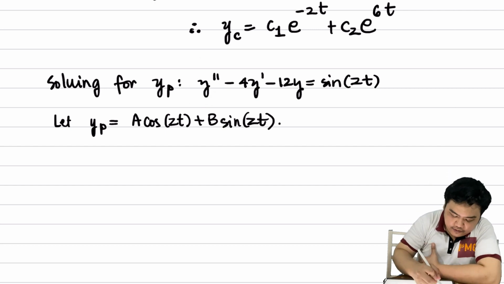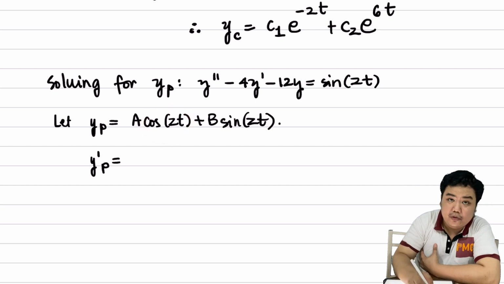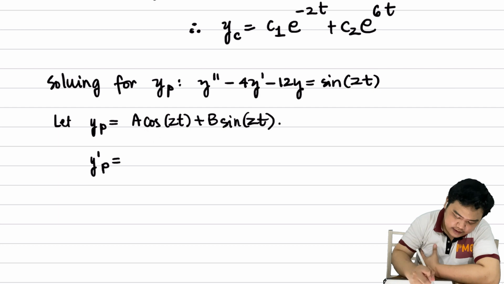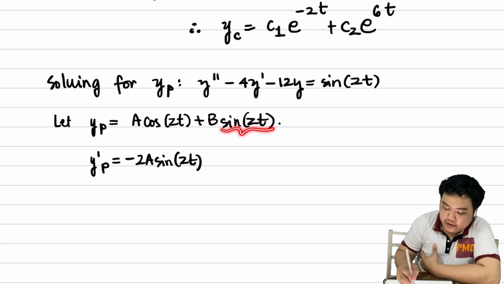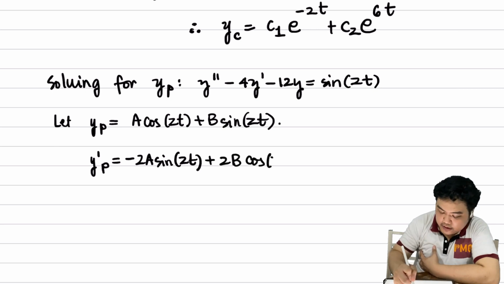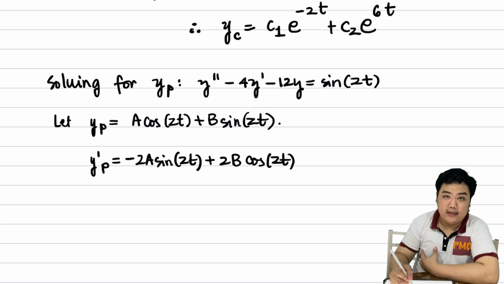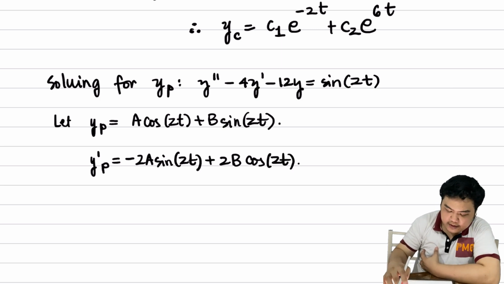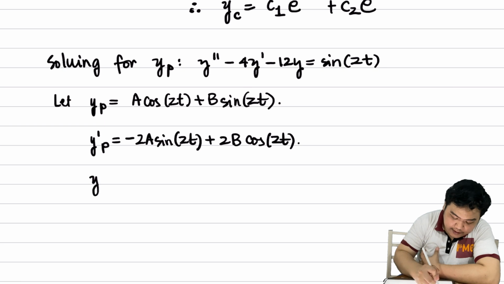So, let us compute y prime of p. The derivative of cosine 2t is negative 2 sine 2t, so it becomes negative 2a sine 2t. The derivative of sine is cosine 2t times 2, or 2 cosine 2t, so we have 2b cosine 2t. Okay? And then, we compute y double prime of p.